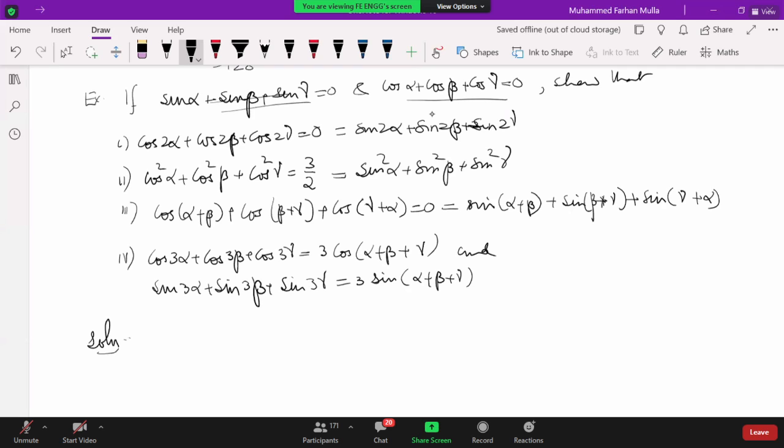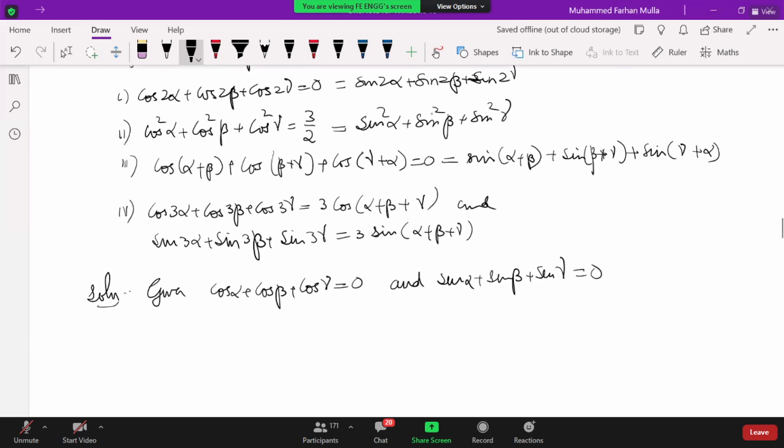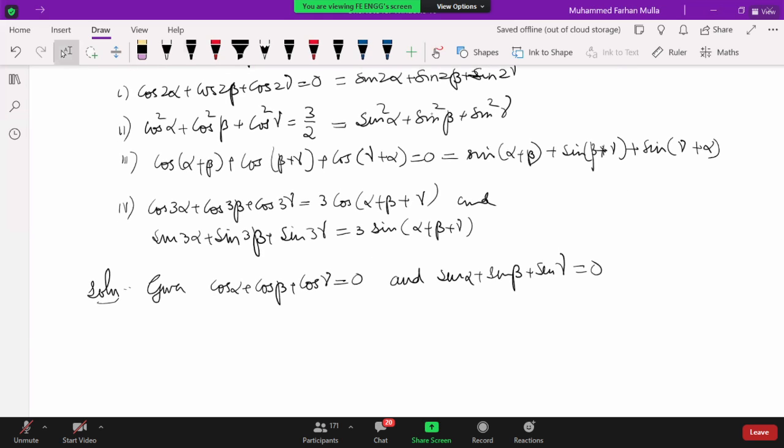So here what is given to you is cos alpha plus cos beta plus cos gamma equal to 0 and sin alpha plus sin beta plus sin gamma equal to 0. See how we are going to generate the relation out of these two.